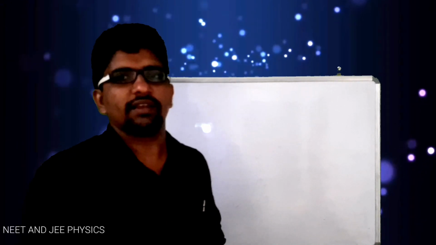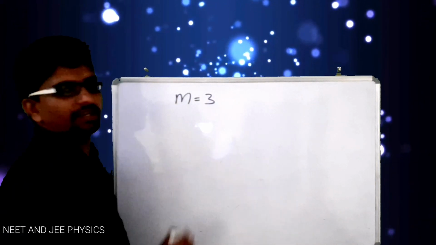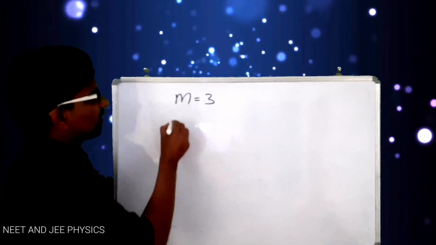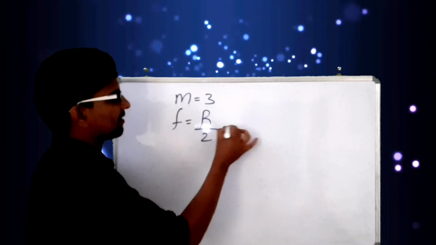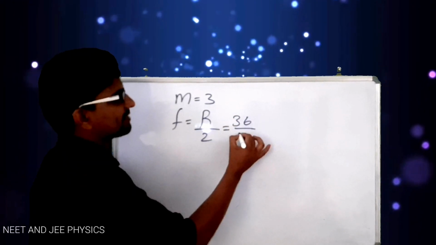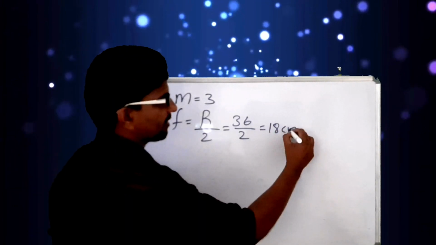Magnification is given as 3. So focal length is half of the radius of curvature, 36 divided by 2, that is 18 centimeter.